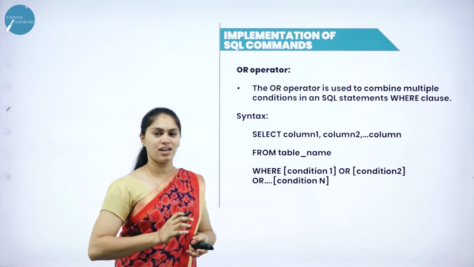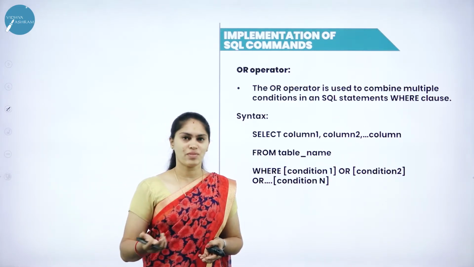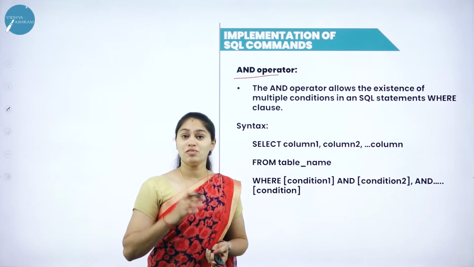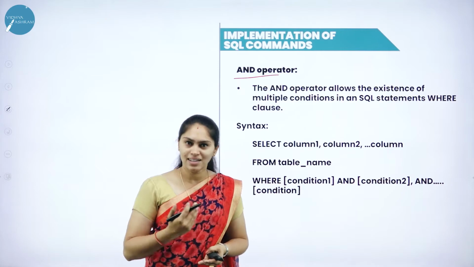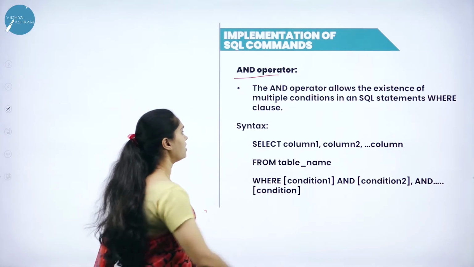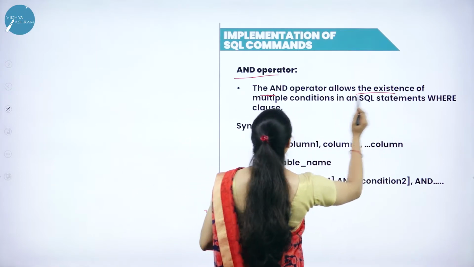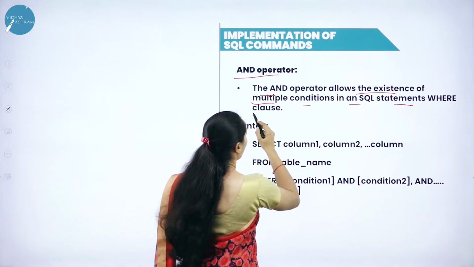OR is selection based on multiple conditions; if any one is satisfied, we can fetch the data. But with the AND operator, all the conditions need to be satisfied. So the AND operator allows the existence of multiple conditions in an SQL statement's where clause.